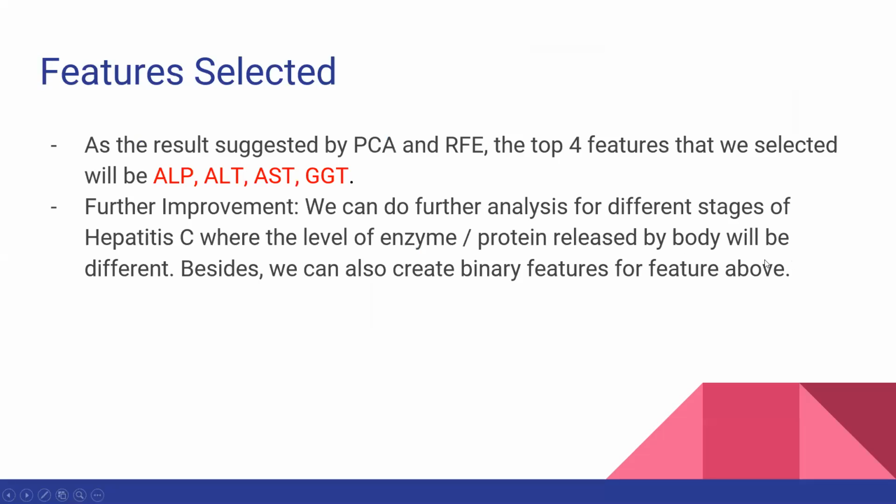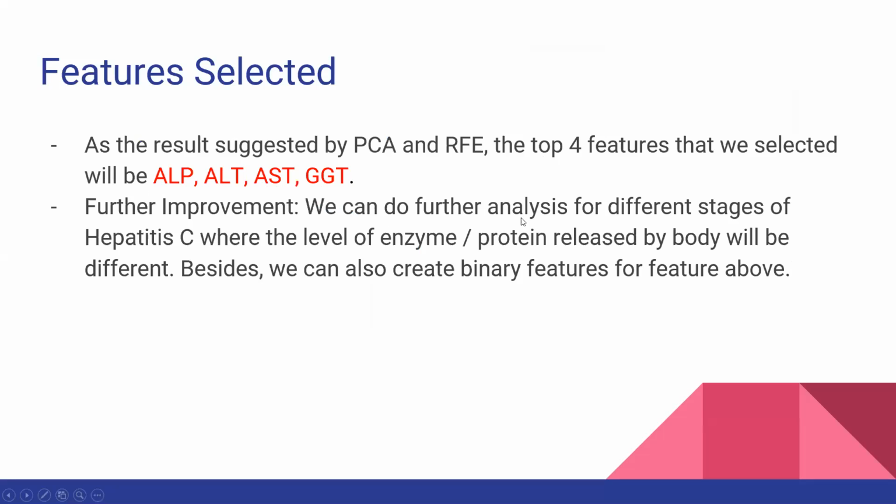So the conclusion is, as suggested by PCA and recursive feature elimination, or RFE, the top 4 features that we selected will be ALP, ALT, AST, and GGT. So there is definitely further improvement to be done.